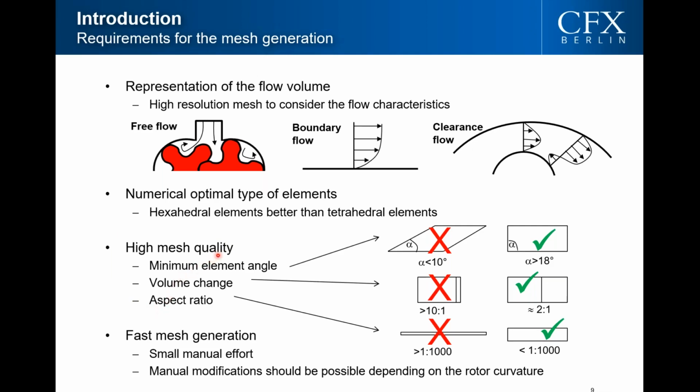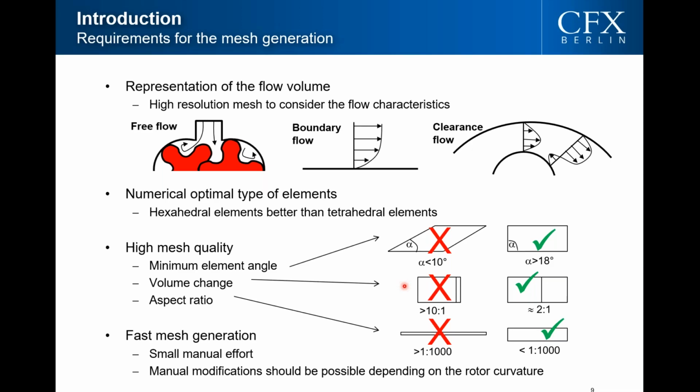For example, if you look at the mesh quality, the element angle, the volume change, and the aspect ratio of the cell, they should lie within a certain threshold. And also the most efficient way to capture the clearances in those machines is to use hexahedral elements.